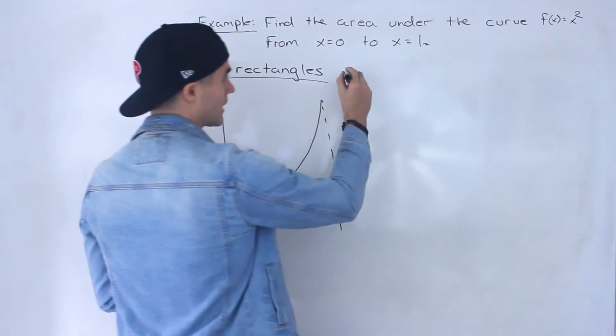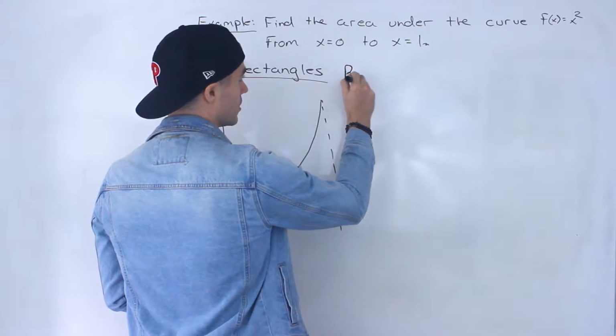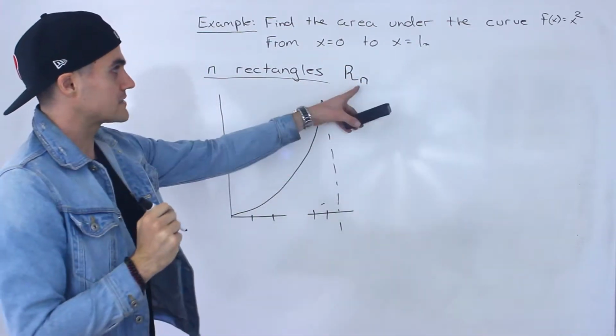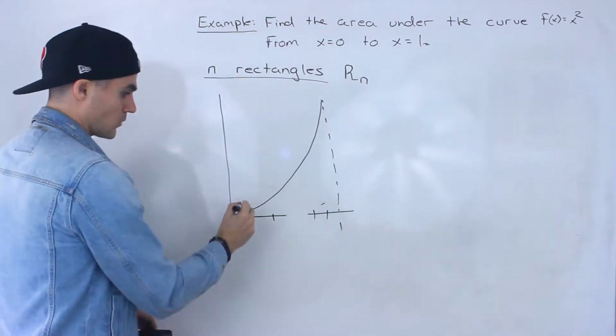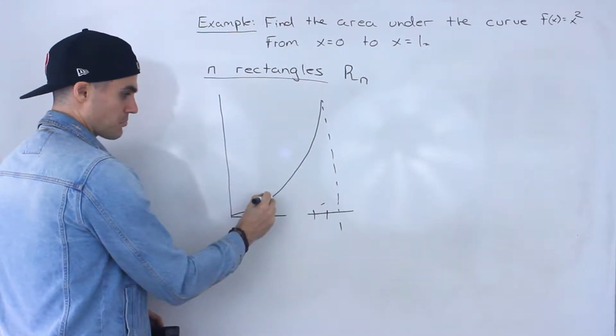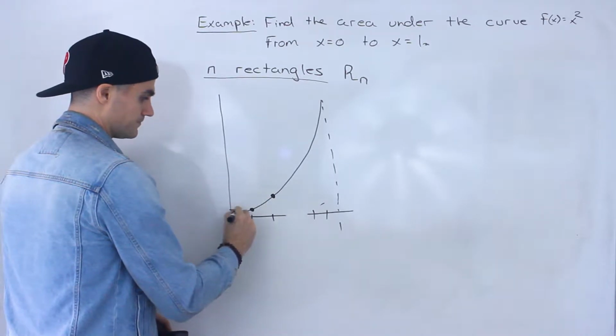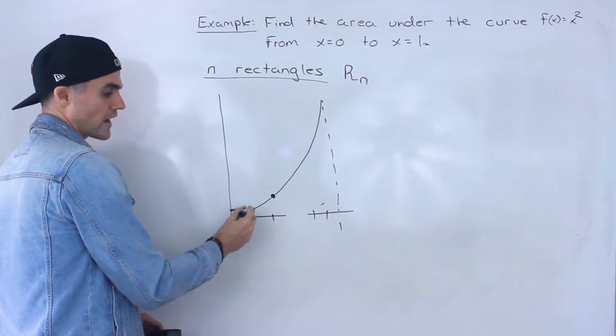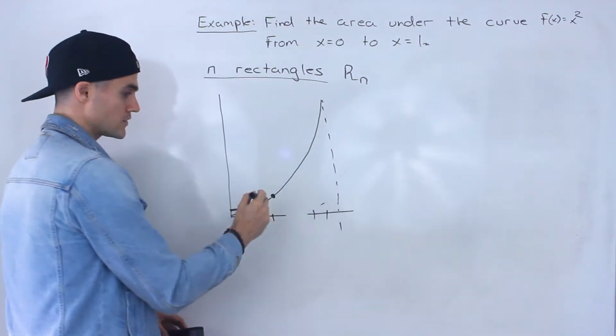I'm going to start off by creating an expression for Rn, right? N rectangles. Now, what does the R represent again? Well, each of these points is going to be the right upper corner of each rectangle.